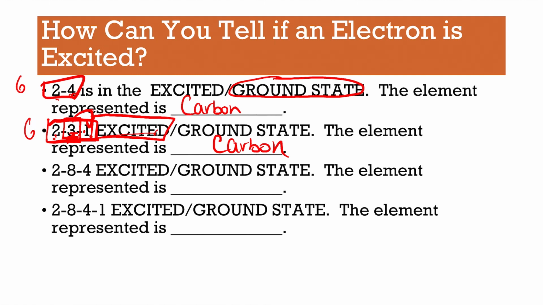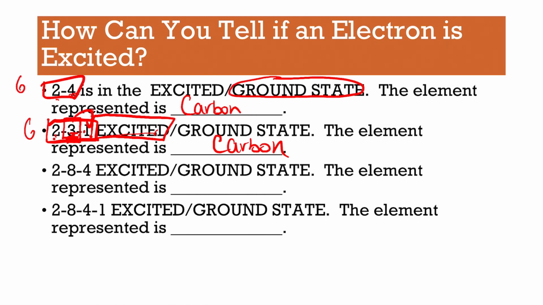So try the next one. 2-8-4. What element is that? Okay. If you're thinking 2-8-4, that is 14. An element with 14 electrons. And again, we're looking at that because it's neutral, so the electrons equal the protons.